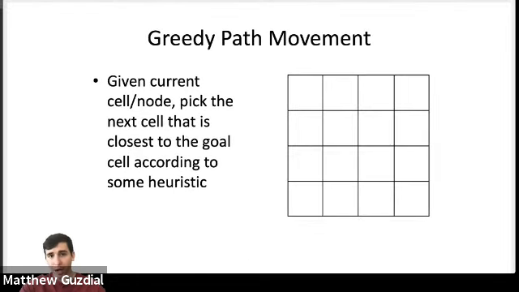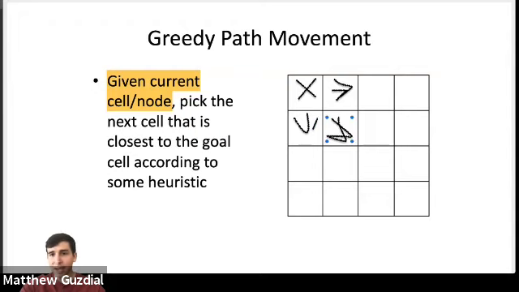Now, moving on a grid is a little bit different. When we're moving on a grid, we're generally going to take whatever our current cell node is. Say we were in this top left position up here in this corner. If we're right here, then we know that we could go to our right or we could go down, right? If we're allowed to move along our diagonal, then maybe we could go here as well.